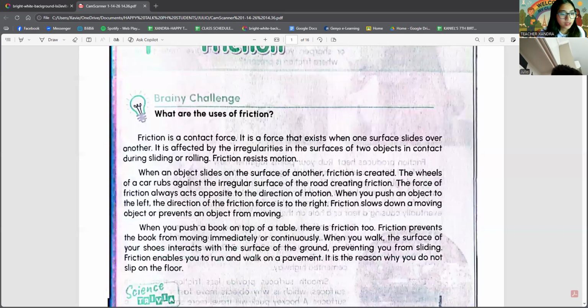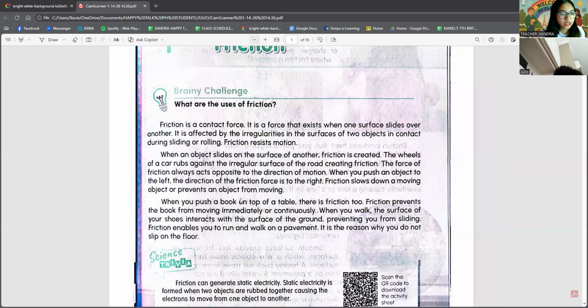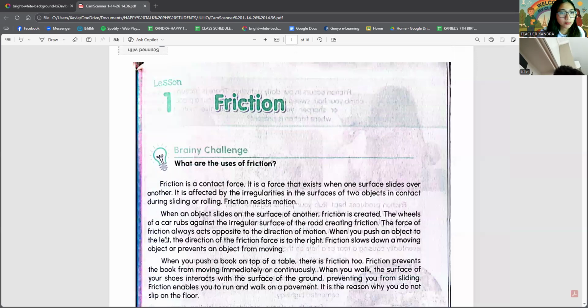Okay, so let's start with science. Julio, we are diving into lesson one, friction, a key concept in physical science that explains how surfaces interact when they slide or roll against each other.